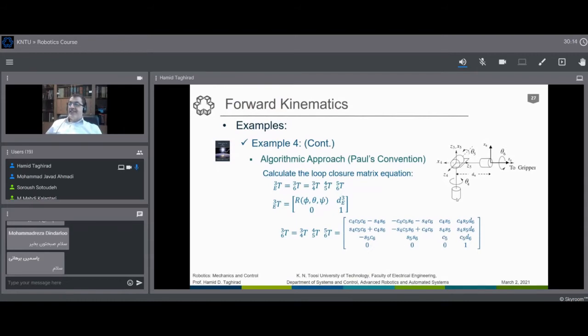And if you see here, we have X, Y, and Z. Since we have 3 rotations here, the first one is about Z, the other one is about Y, but minus Y in this case.